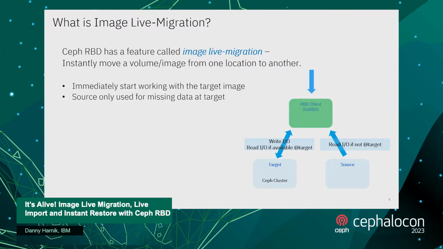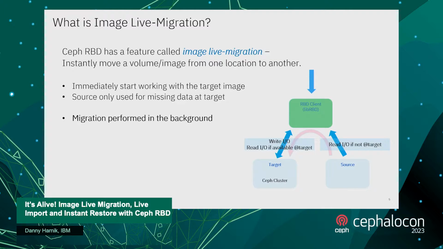So really summarizing, targets do write and read if available. Source does read I/O, and there's the migration aspect of it. There's a background migration process that keeps running in the background, and this pink thing is throttled. I don't remember exactly to what extent, but that keeps on going.